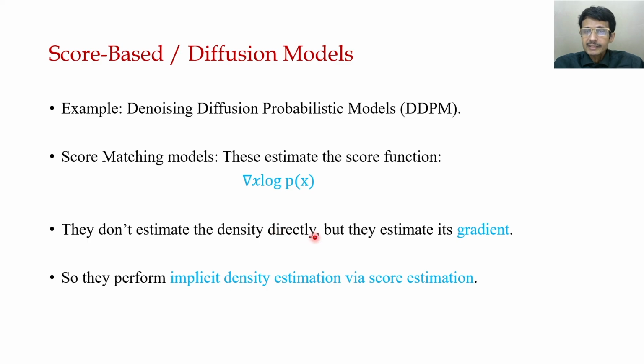They don't estimate the density directly, rather they estimate its gradient. So it's basically its derivative. So they perform implicit density estimation by score estimation. That we'll see when we discuss the diffusion models.